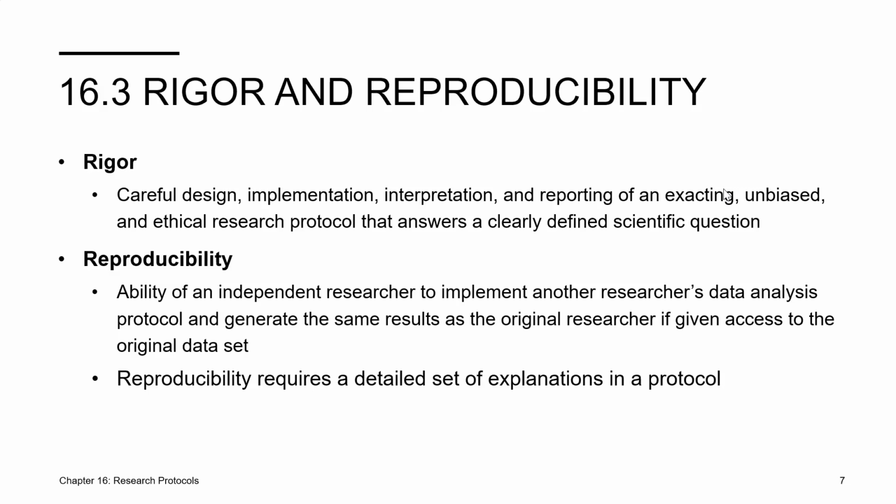Reproducibility is the ability of an independent researcher to implement another researcher's data analysis protocol and generate the same results, but using either a different population, or if it's a secondary study, actually just using the original data set and being able to replicate what has been done. And this really includes a detailed set of explanations in the protocol.